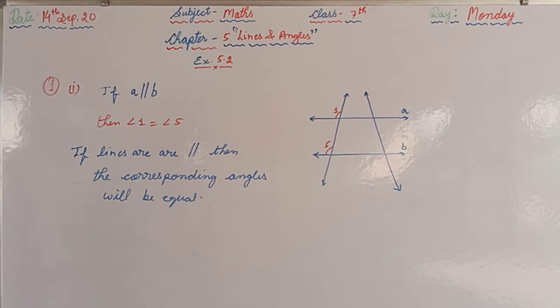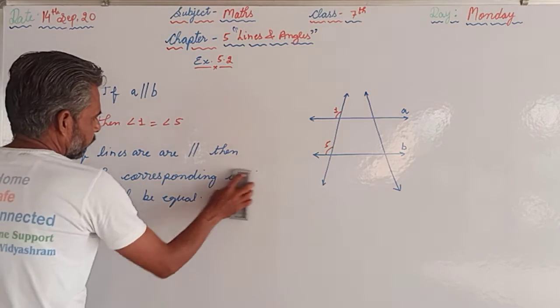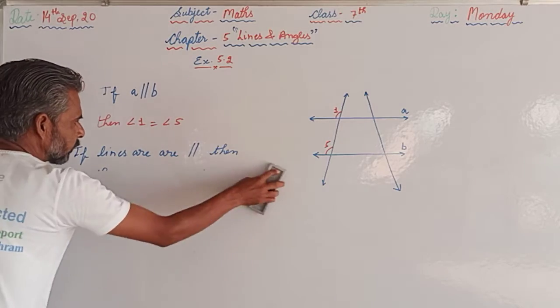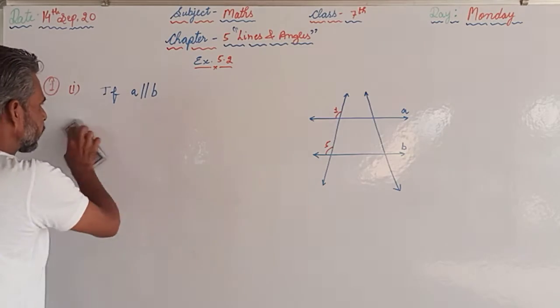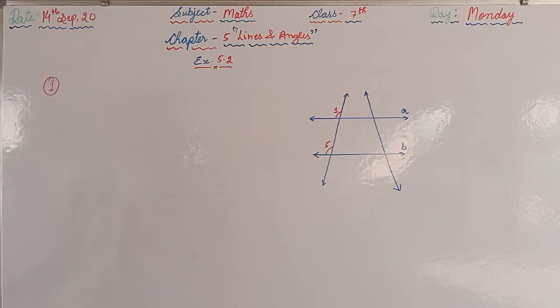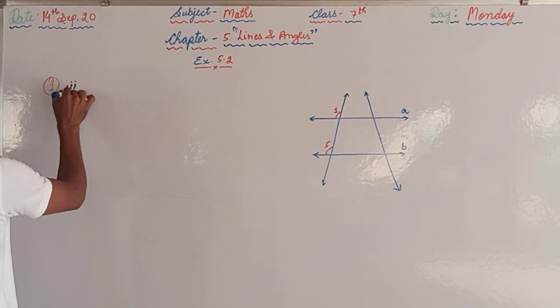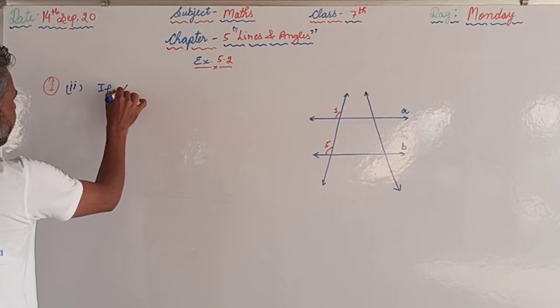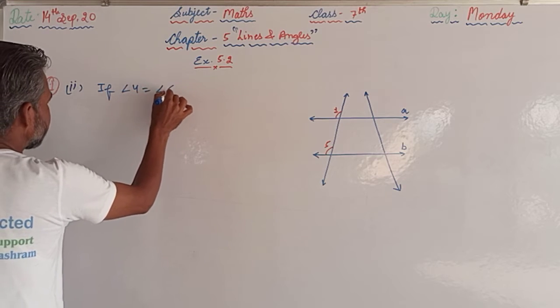Now the second part. Now the second part is there: if angle 4 is equal to angle 6.